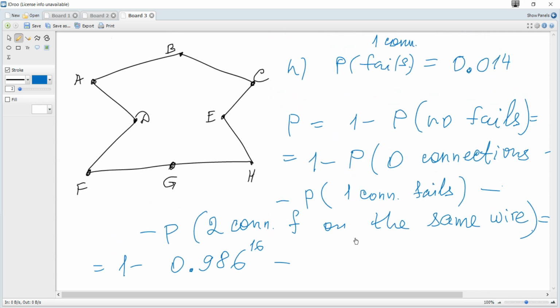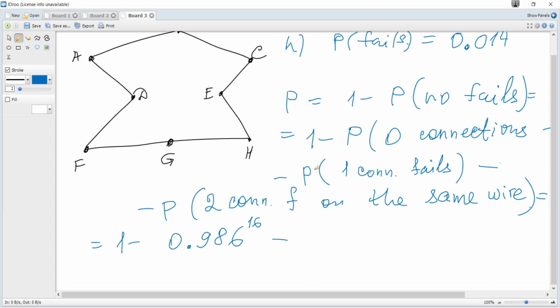Minus 1 connection fails. 1 out of what? Out of 16, and 1 fails with this probability, and it means that other 15 must not fail, but there are permutations because this fail may be at any of 16 positions, or it's a combination, number of combinations 1 out of 16, or just 16.